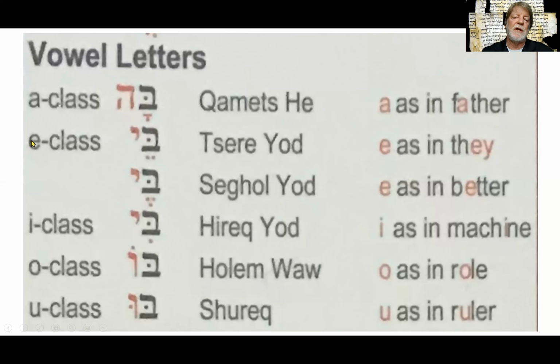We have an example of this as an E class vowel, and here's our tsere, and here is a yod inserted into the word in connection with the tsere. Tsere yod, this combination here, is pronounced as an A, as in they. So it's kind of the EY sound.